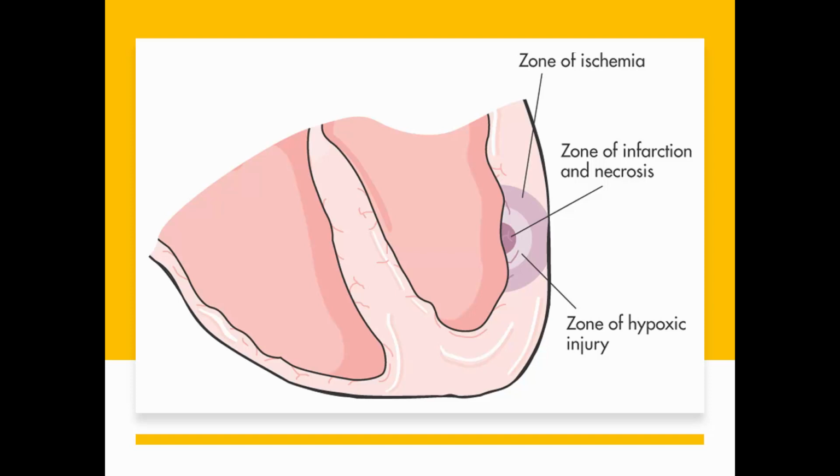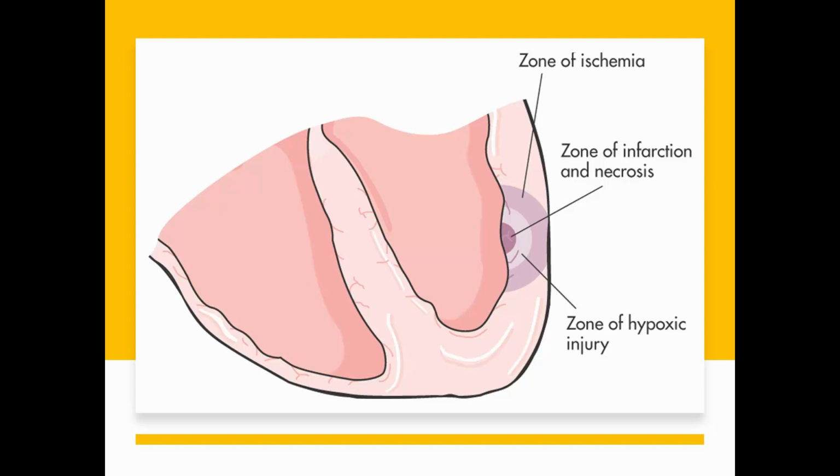So the actual zone of infarction, this thing right here, depends on three things. Okay, one is collateral circulation. So if the person has collateral circulation, then that zone of infarction will not be as large. Here's the thing about collateral circulation, though. It is usually more developed in older adults, and that's why your older adults have a higher survival rate.